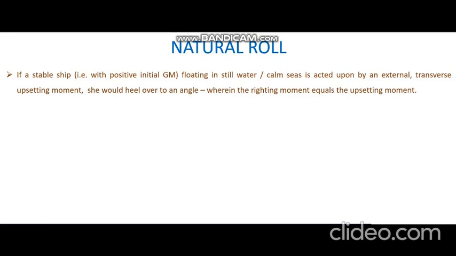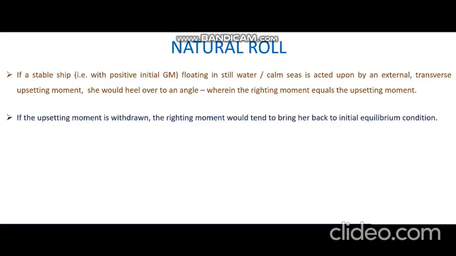But both ships will not have the same period of roll, nor will both ships have the same amplitude of roll. Why? Because they have different inherent properties. Their KGs are different, leading to different GM. So therefore, different ships will have different periods of roll and different amplitudes of roll, rest everything remaining same.